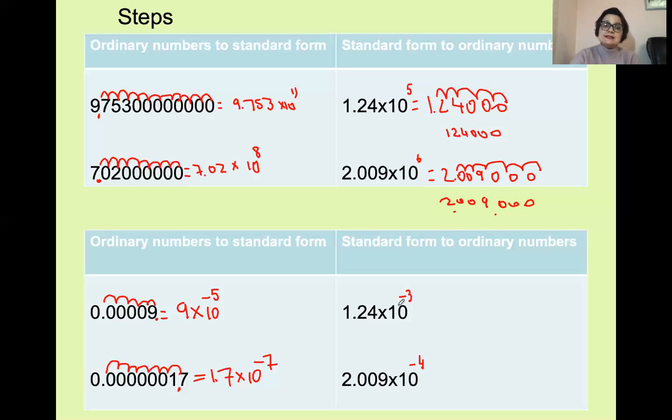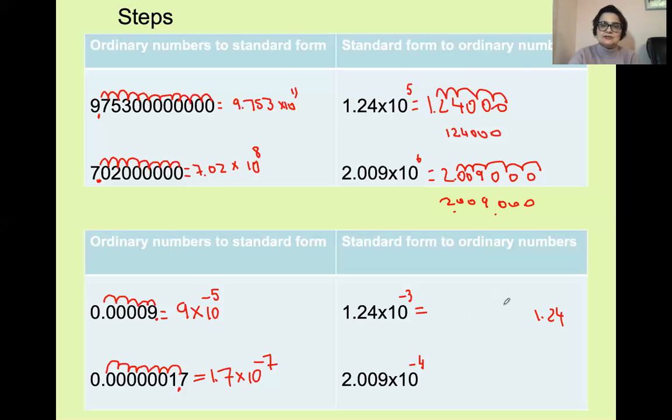To change from standard form to ordinary numbers, when you deal with very small numbers, this is what happens. 1.24 times 10 to the power of minus 3. So write the number here, leave a little bit of space, because this is going to be a number with many digits after the decimal point. So write 1.24, and I start counting from the decimal point to the left.